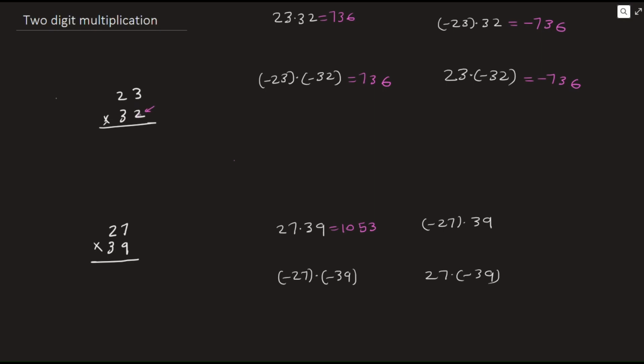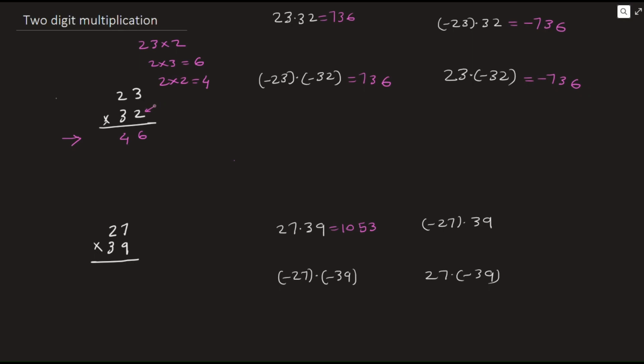So first, 2 is multiplied with 3, which is a digit in the ones place. So 2 times 3 equals 6. And that 6 I write in the ones place in the answer. Then 2 times 2 equals 4. I write 4 in the tens place. So this is the first partial product.